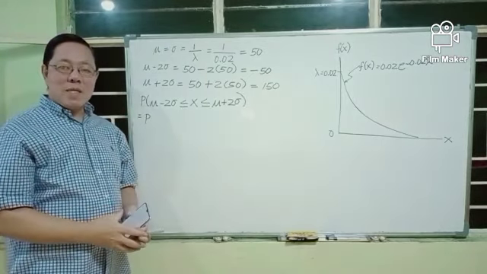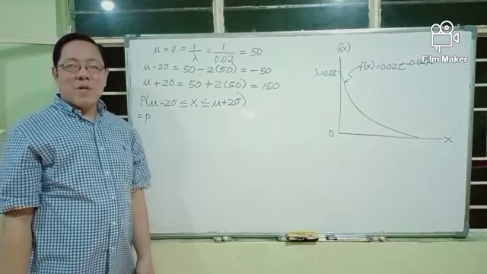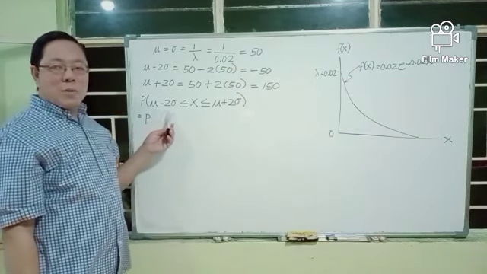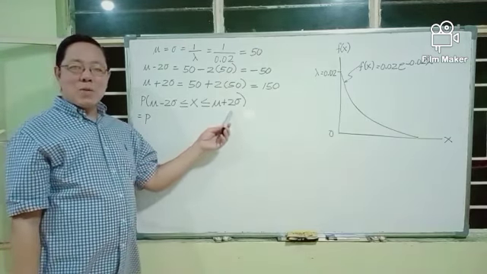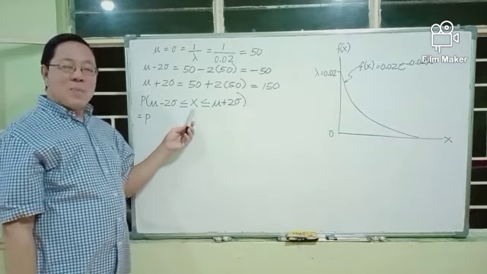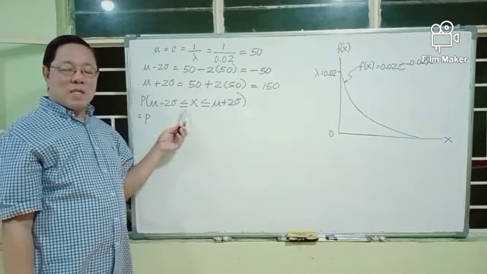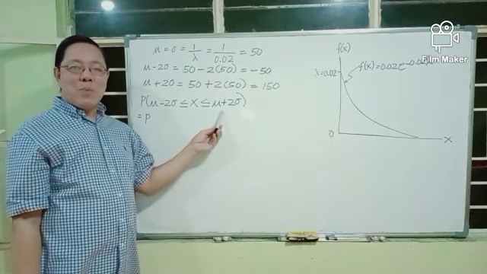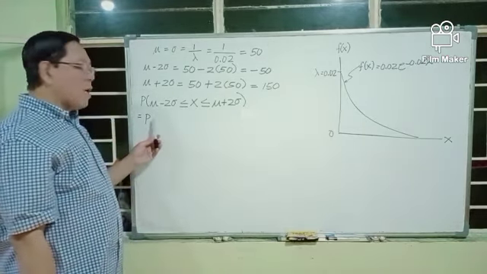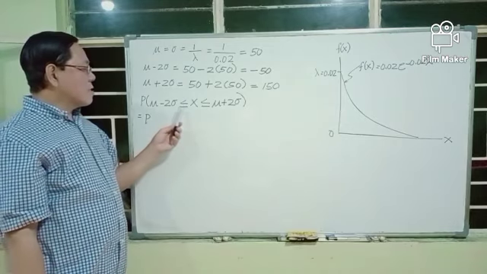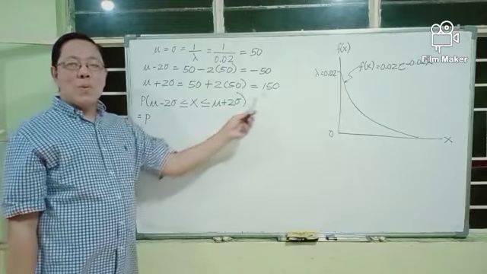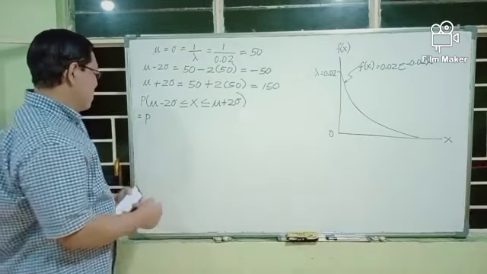Hence, the probability that the time before the copying machine requires another service or repair is between mu minus 2 sigma and mu plus 2 sigma, that is, the exponential random variable x is greater than or equal to mu minus 2 sigma but less than or equal to mu plus 2 sigma, is equal to the probability that x is greater than or equal to negative 50 and less than or equal to 150.